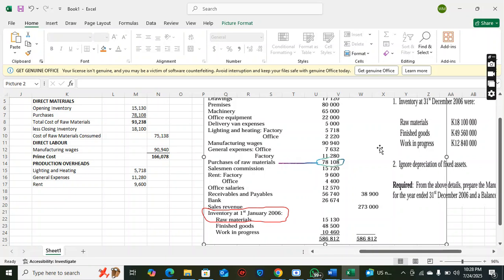Yes, here there's no depreciation. If there's depreciation, the depreciation of the plant and machinery will have to come under the production overheads.